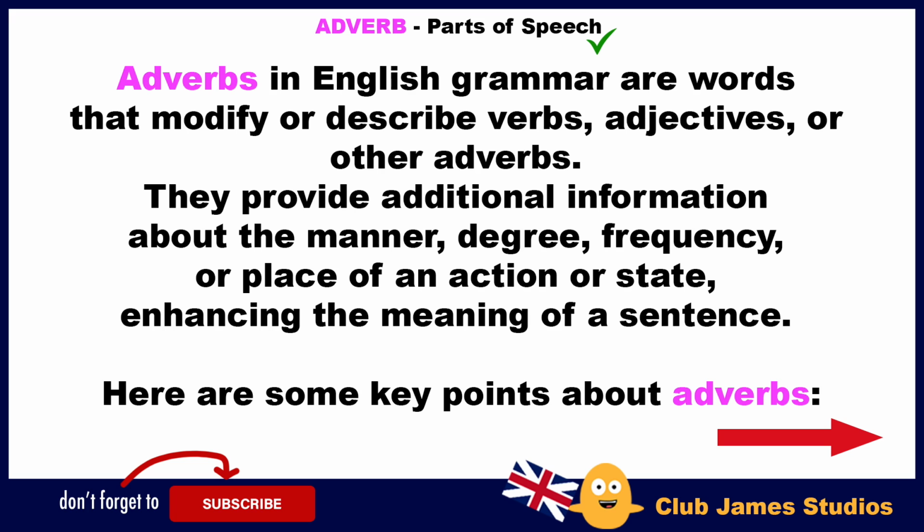Adverbs in English grammar are words that modify or describe verbs, adjectives, or other adverbs. They provide additional information about the manner, degree, frequency, or place of an action or state, enhancing the meaning of a sentence.